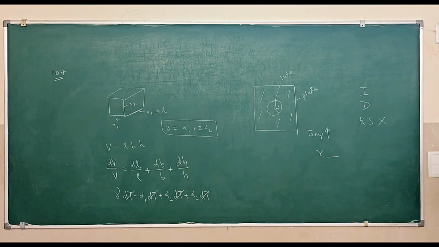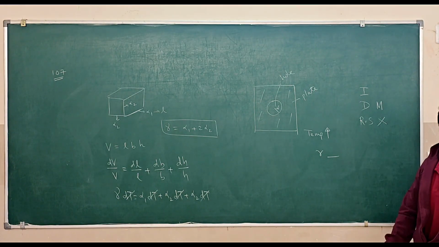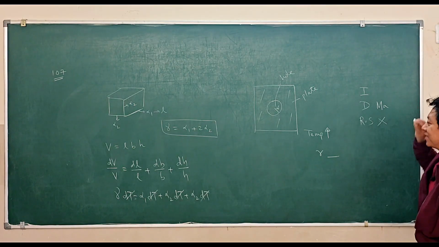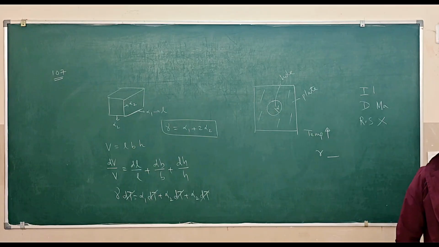How many of you say remains same? How many say decreases? 1, 2, 3, 4, 5, 6, 7, 8, 9, 10. Majority. So majority says decreases. How many say increases? You said decreases also, increases also.